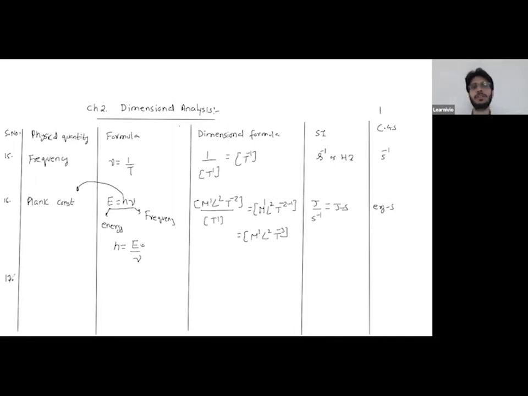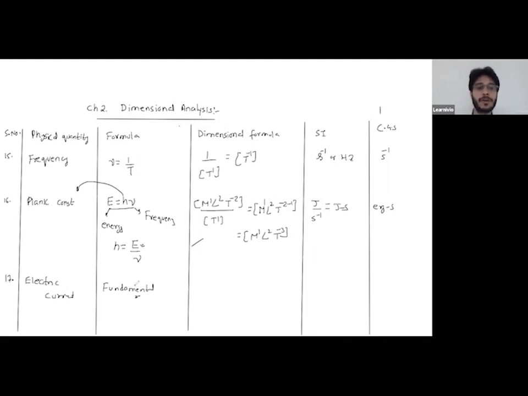After Planck constant, the next quantity is, let's say, electric current. Fazil, is electric current a fundamental quantity? Yes, current is fundamental.